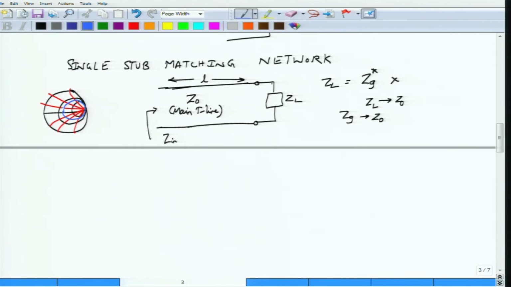On the unit circle, what are the impedances? The impedances on the unit circle are of the form 1 plus jx, correct? If I were to use this Smith chart as an admittance chart, then the admittance on the unit circle will be 1 plus jb.